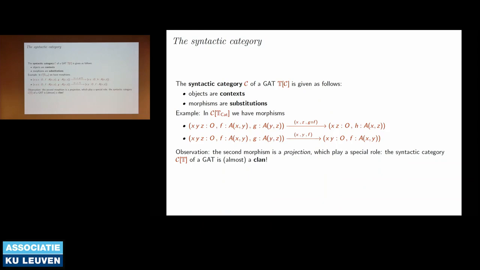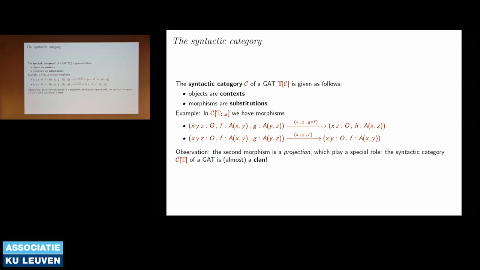Okay, so for any generalized algebraic theory, we have a syntactic category, also known as the category of contexts. Because the objects are contexts, so lists of variable declarations, and the morphisms are substitutions. I give two examples here.